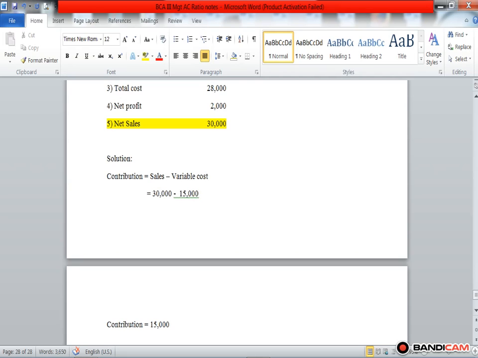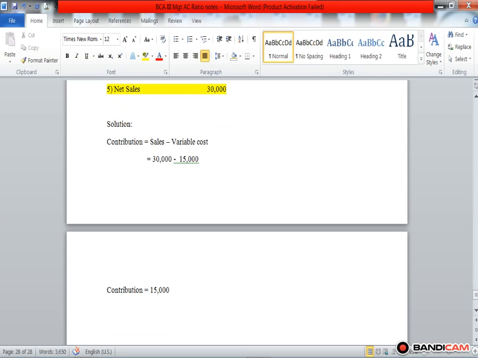Now we find out the PV ratio. How do you calculate it? The formula of PV ratio is contribution divided by sales. In the previous lecture we discussed the formula of PV ratio.